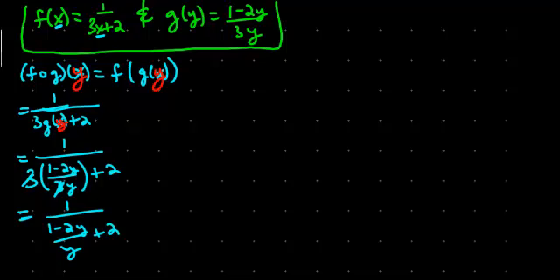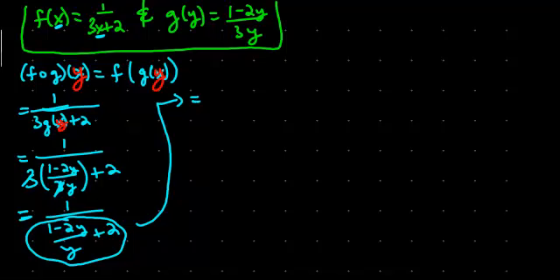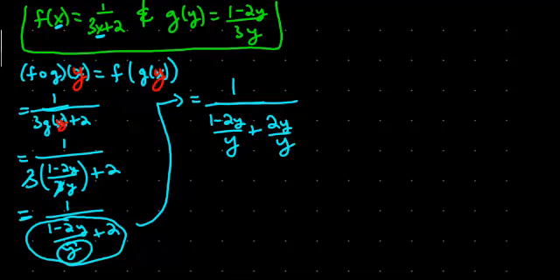Now, I need to get a common denominator so I can add these. What's my common denominator going to be? It's going to be y. So this equals 1 over 1 minus 2y over y plus 2y over y. Note that 2y over y is 2. I needed a y on the bottom, so I multiplied the top and bottom by y, so I still have 2.